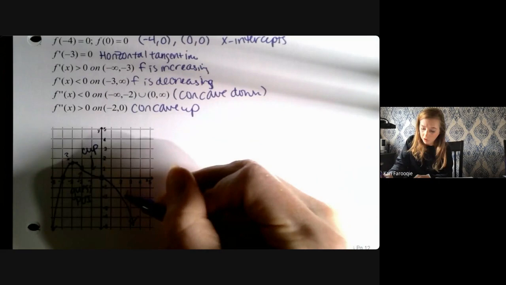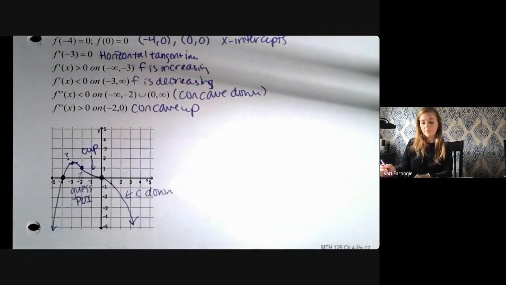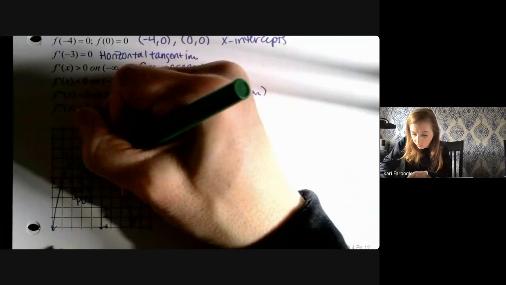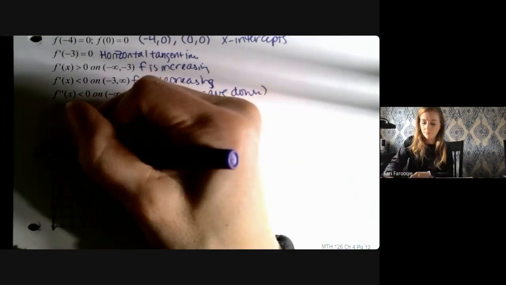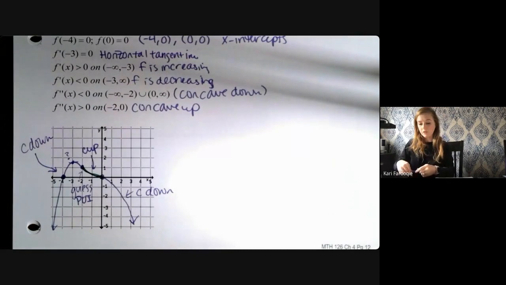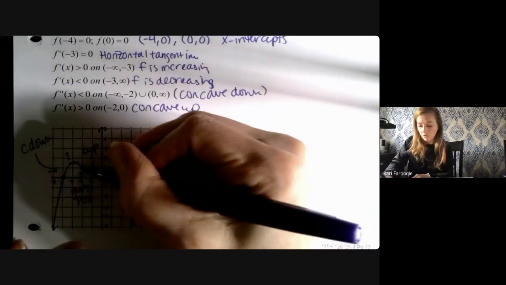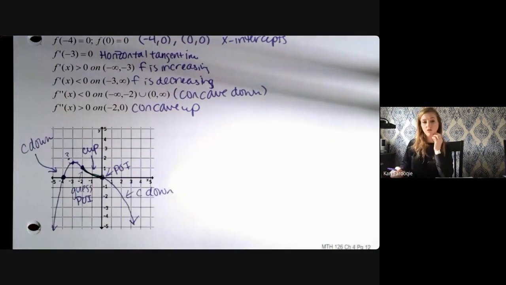So here we are concave down, concave up in the middle. If you want to think about it, we just have this section here where we're concave up and then concave down. So we had the point of inflection here, and then this would be another point of inflection where the concavity changes from up to down.